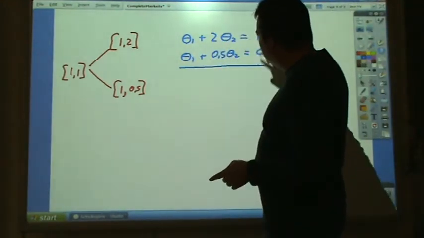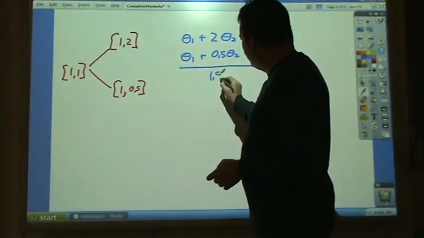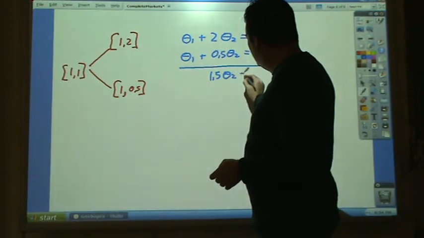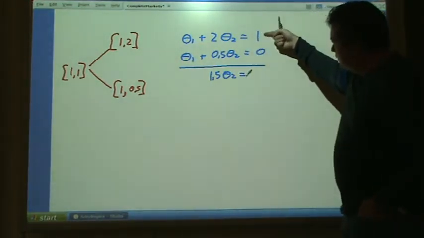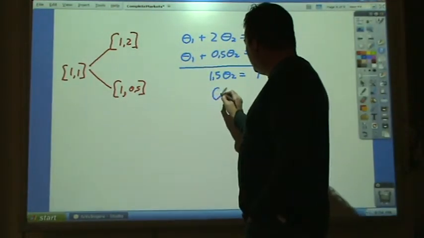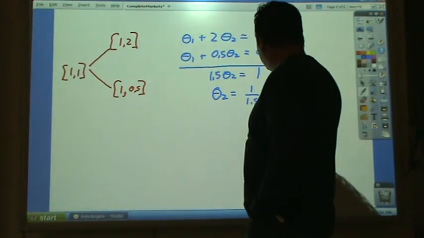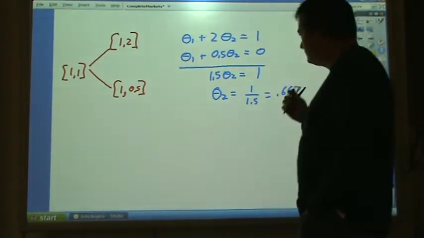If we subtract these two lines, we get 1.5 theta 2 equals 1 minus 0 equals 1. And then theta 2 equals 1 divided by 1.5 equals 0.667.